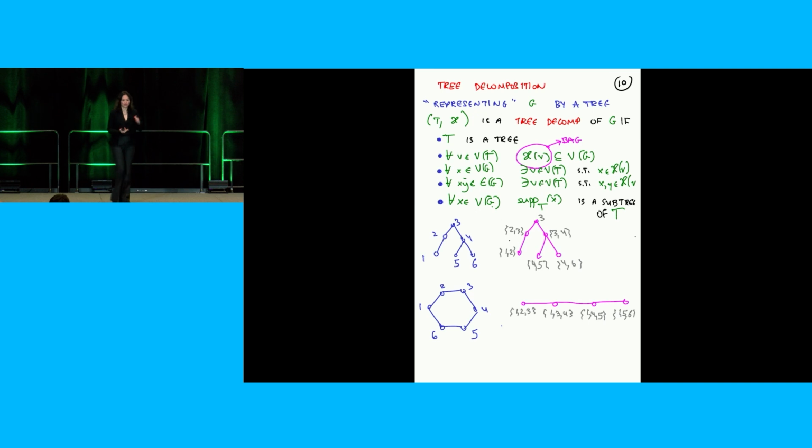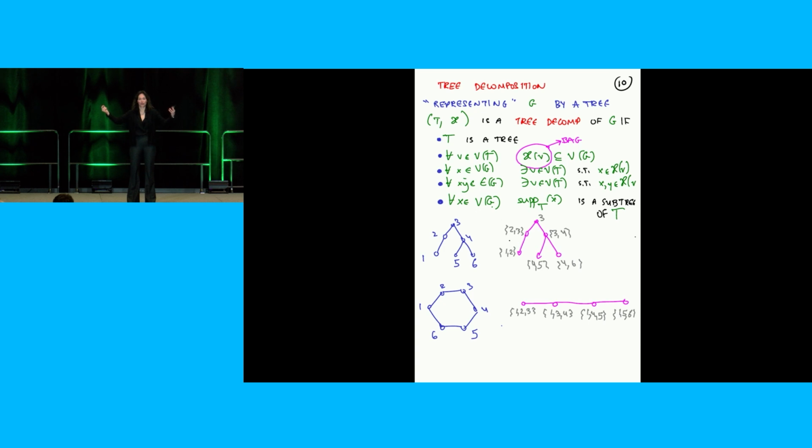But now there's a last rule, which is a little bit of a counterbalance, a counterweight, I guess. There's a rule about not only putting a lot of stuff in the bags, but also not going too far, because if I have a vertex that's in this bag and in that bag, I have to maintain the property that it's also in every bag which is on the way between them, right?